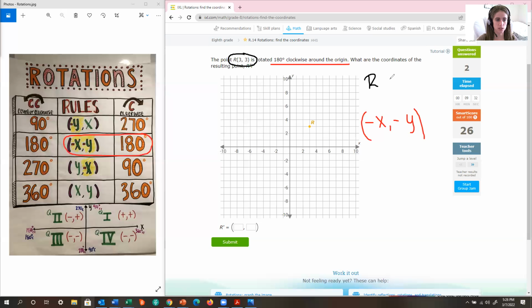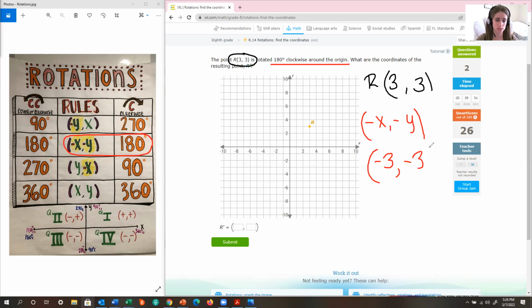Our pre-image is located at 3, 3. When we apply our rule, -1 times 3 is -3. And then same for our y value. And in this case, notice your x and y have not changed positions. Therefore, they don't change positions here either.